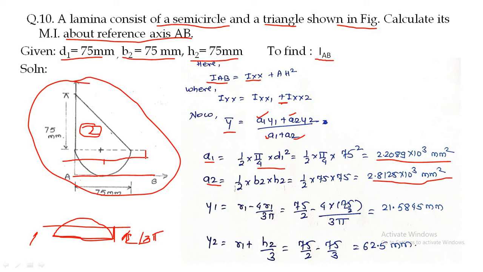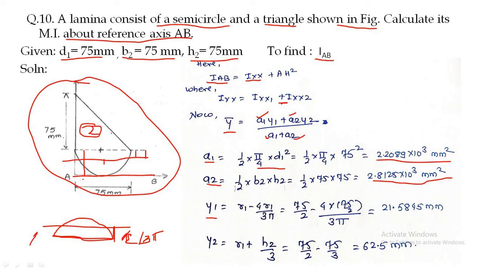But what we are doing is finding the position of the horizontal centroidal axis from the bottommost part. So we use the formula y1 is equal to r1 minus 4r1 upon 3 pi. Why? This distance from here to here is the radius of the semicircle, and from here to here it is 4r upon 3 pi.